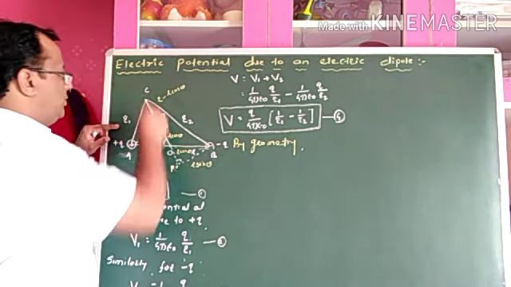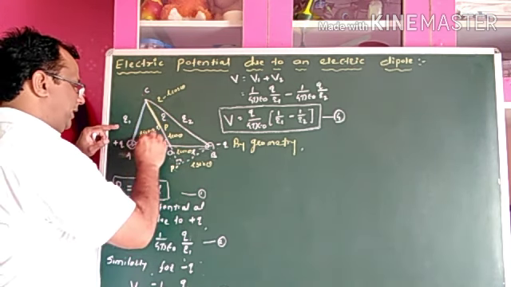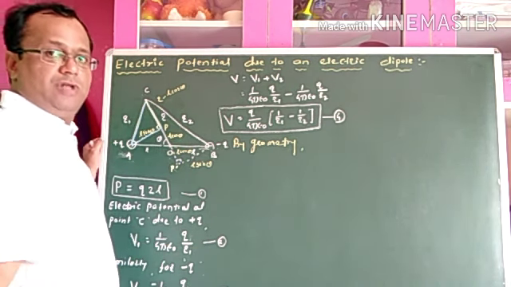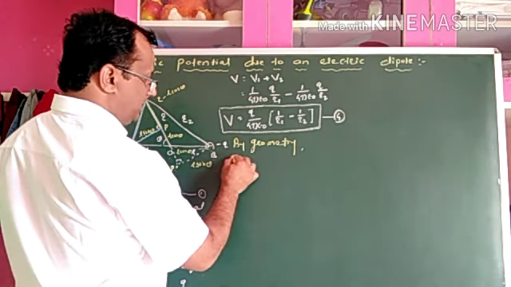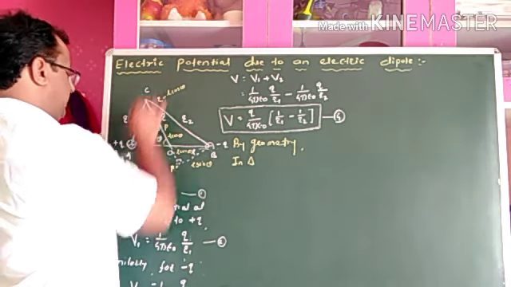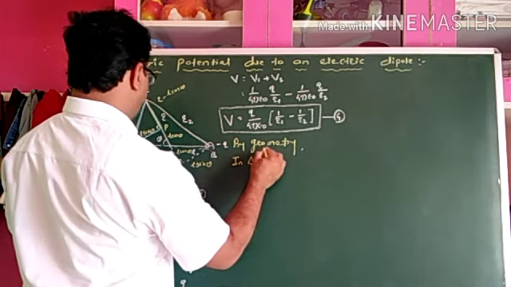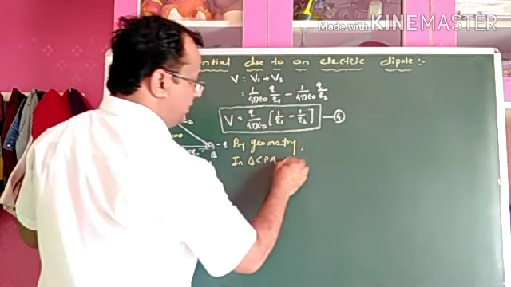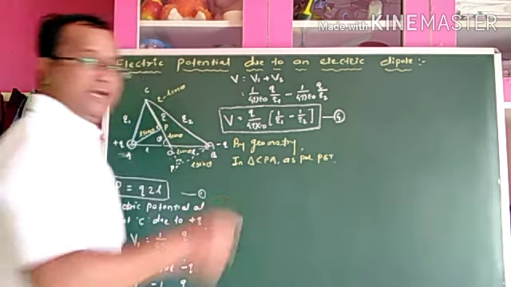See here, we want to consider the triangle CAP. In triangle CAP or CPA, we want to use the PGT. PGT means the Pythagoras theorem.